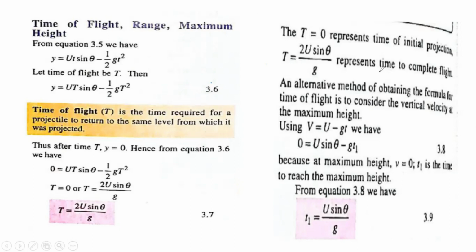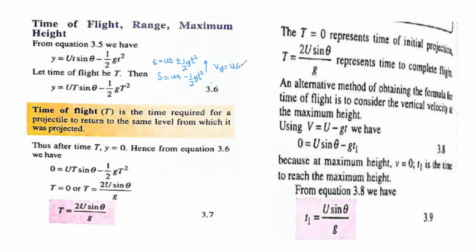You still remember that we say s equals ut plus or minus half gt squared. But if you are going up, you are working against gravity, so s becomes ut minus half gt squared. But now for the vertical component, Vy equals what?